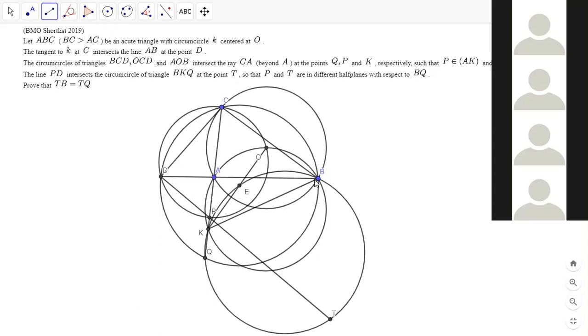Can we prove that KC is equal to KB? I'm not sure yet how to do that. If someone else knows. That is an angle chase, I think.